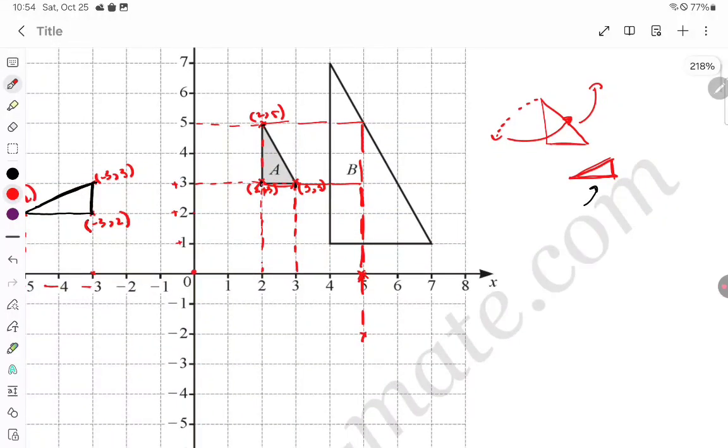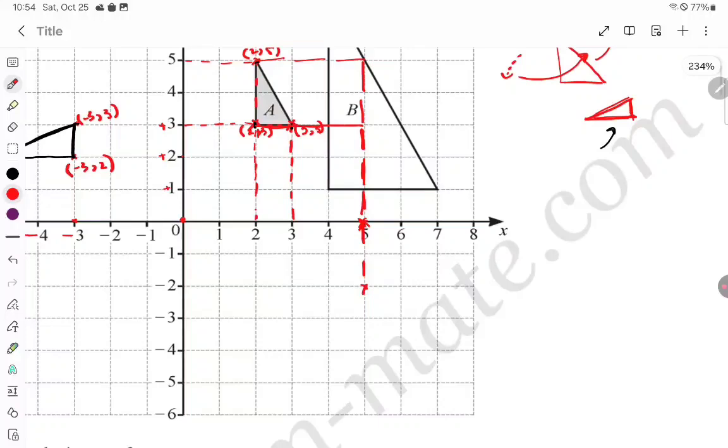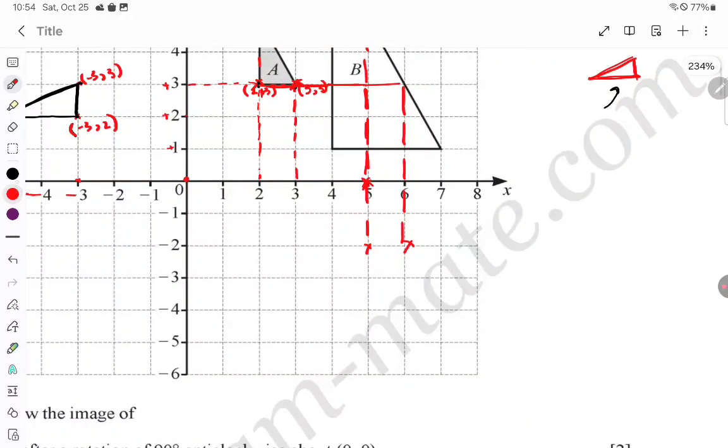Now from here, 1 unit, 2 unit, 3 unit, then 1, 2, 3, 4, 5. Thus we get our third point. Just form a triangle by connecting the points. These are the 2 points and this is our third point.